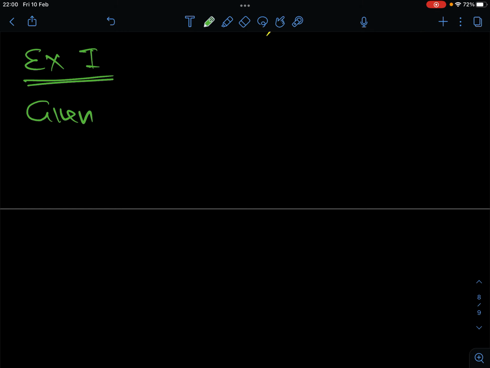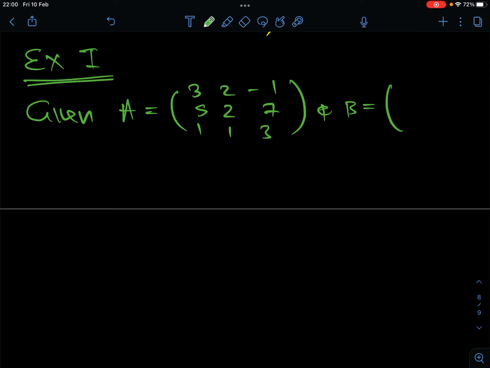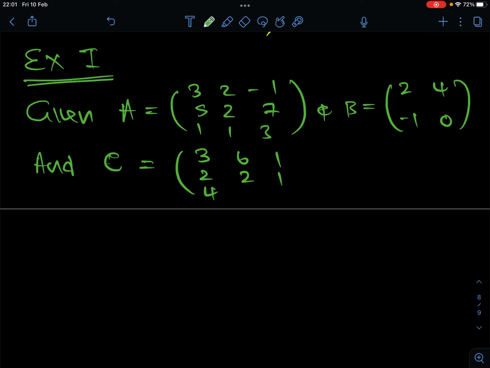Given A, which is equal to the matrix 3, 2, -1, 5, 2, 7, 1, 1, 3, and also B, which is equal to 2, 4, -1, 0, and C, which is 3, 6, 1, 2, 2, 1, 4, 2, 9.